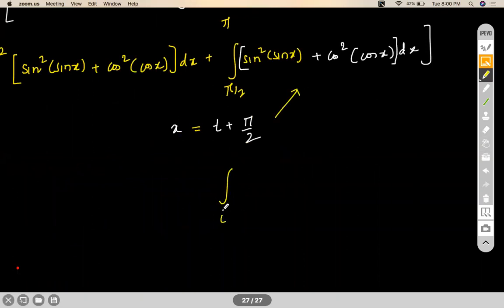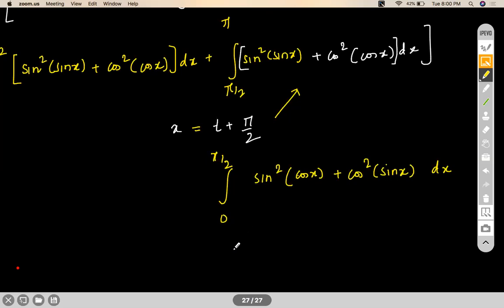So you'll end up getting 0 to pi by 2. Correct me if I'm wrong. This will become sine square, now it will be a minus cos. Oh, sorry, it will be cos. And here it will be a minus sign, but it doesn't make a difference because there is a cos square outside. In fact, cos itself is an even function. So no problem will be created because of that.